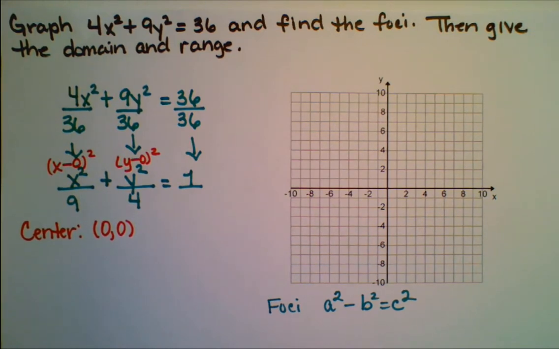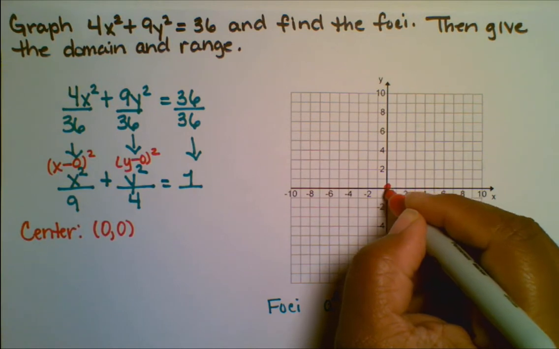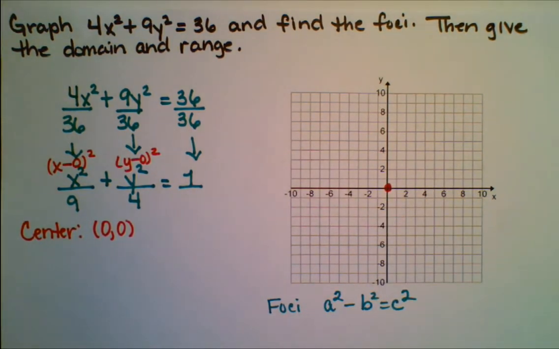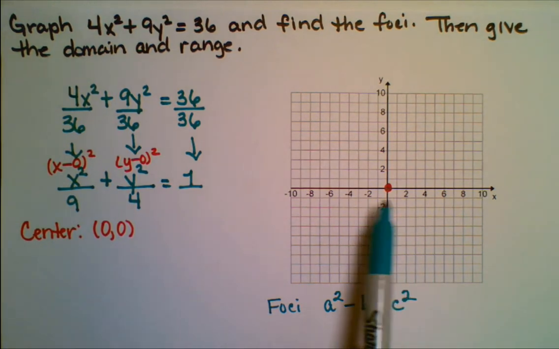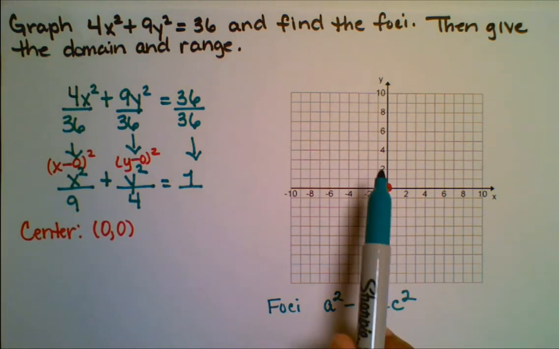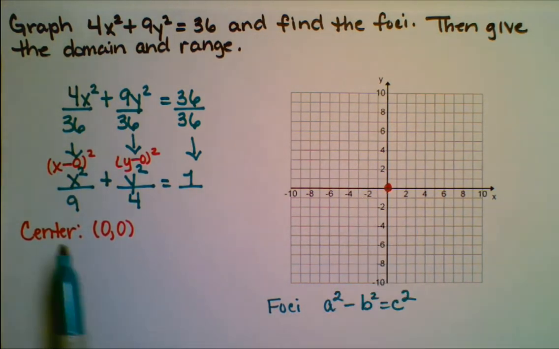Okay, so let's go ahead and identify that. I'm going to put our center here in red. So now to find how far away our vertices and our co-vertices are, we need to identify a and b.